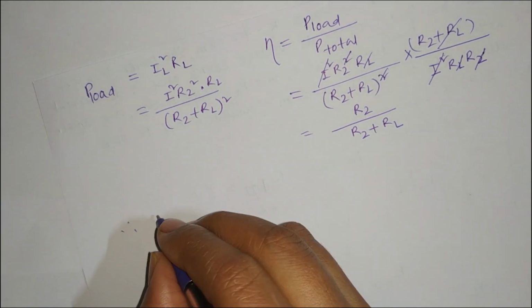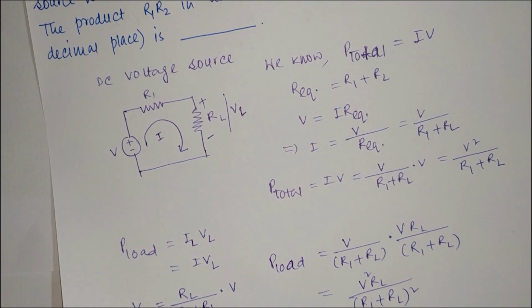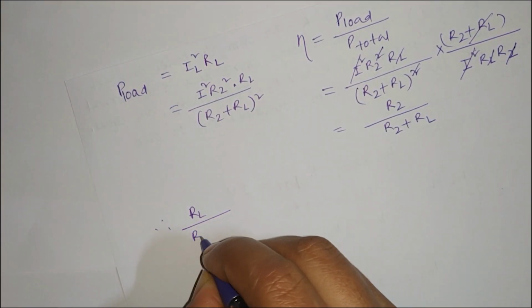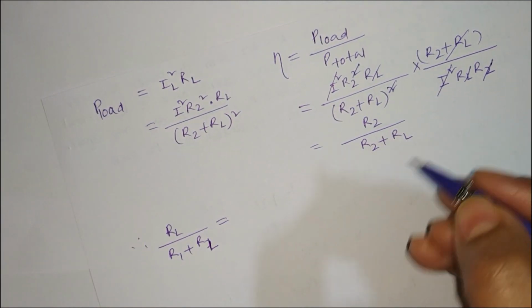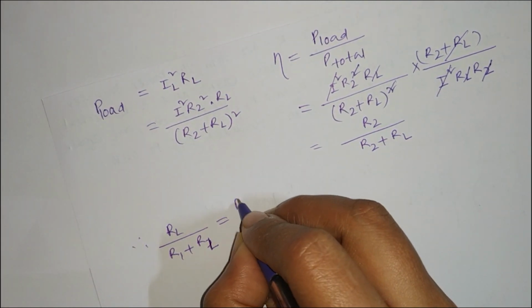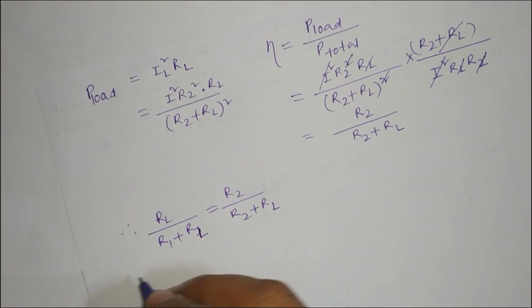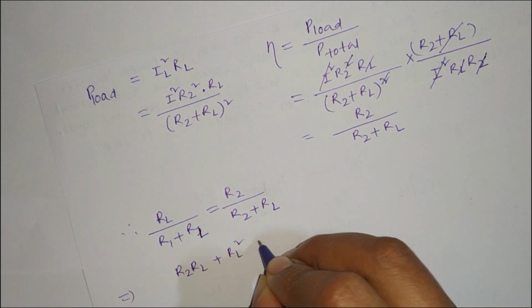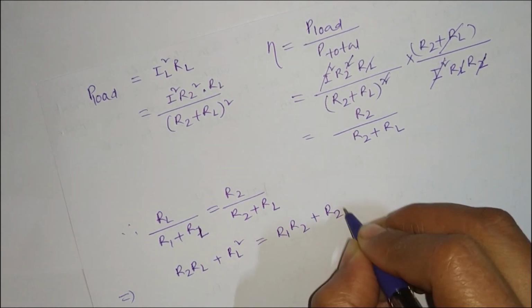So now from the DC voltage source we have RL divided by R1 plus RL, and from the current source R2 divided by R2 plus RL. So R2 RL plus RL square equals R1 R2 plus R2 RL.